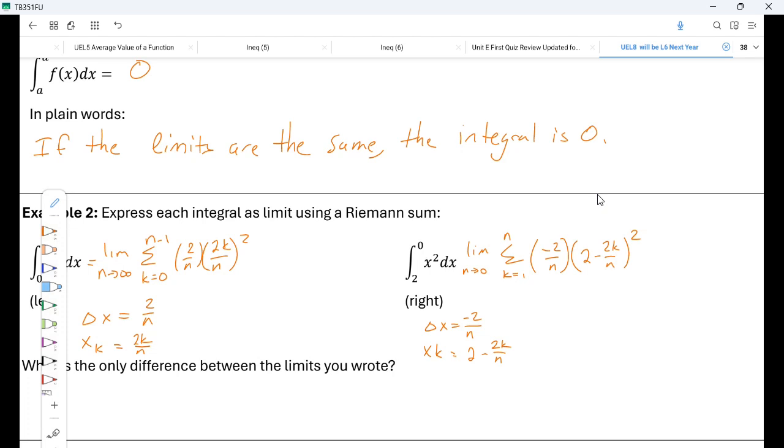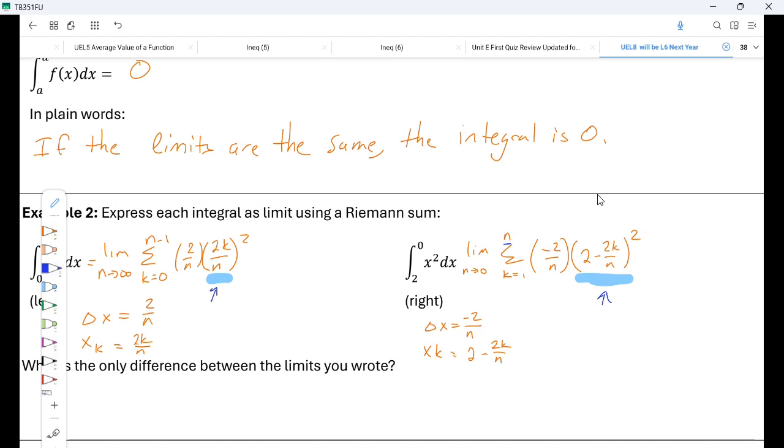The thing that might not be completely obvious is that those two sums represent the same numbers, but in reverse order. Here, when k equals 0, we are starting at 0 and squaring it. And here, when we get to the end, n, we'll end up with 2 minus 2n over n, which is also 0 squared.